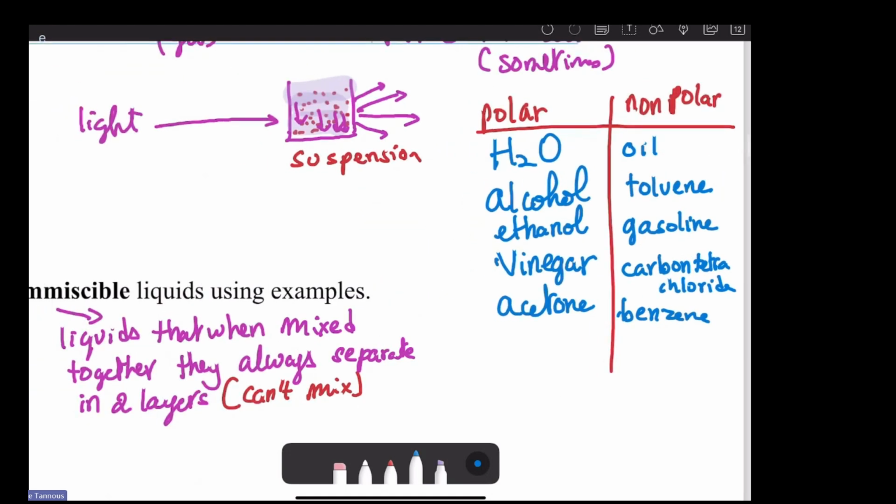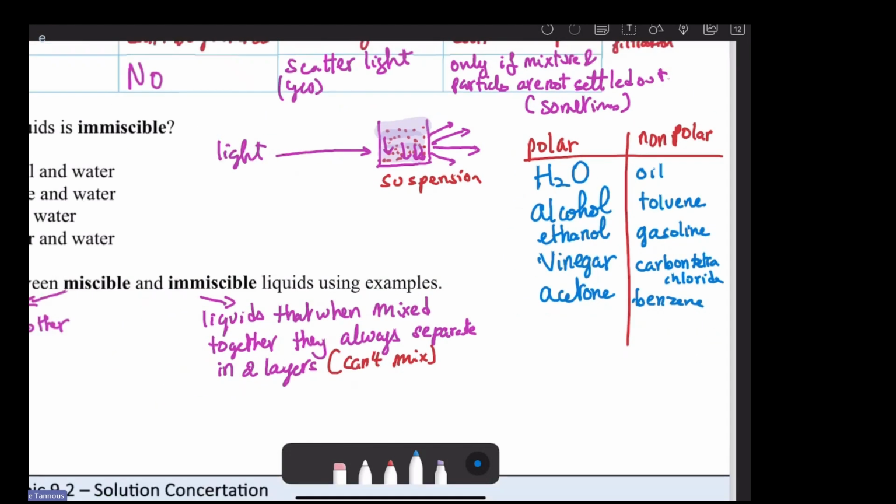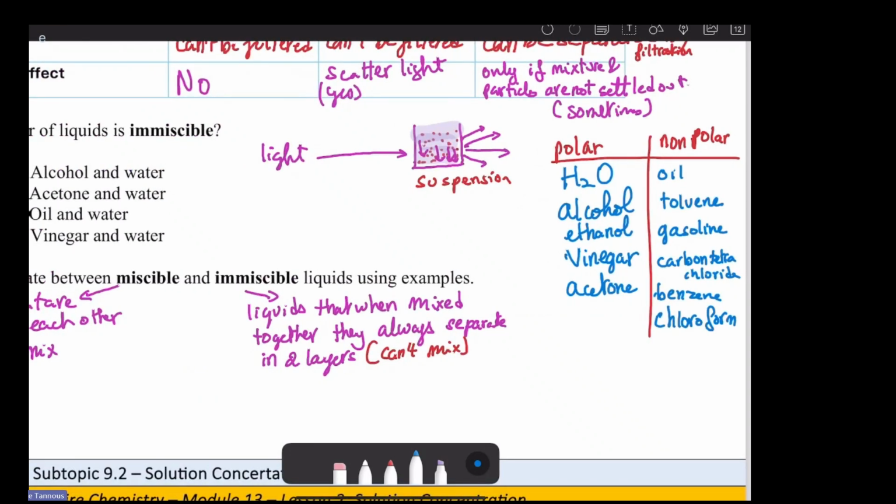These are well known. Also chloroform, yes, chloroform. So all of these are non-polar, and the rest are polar.